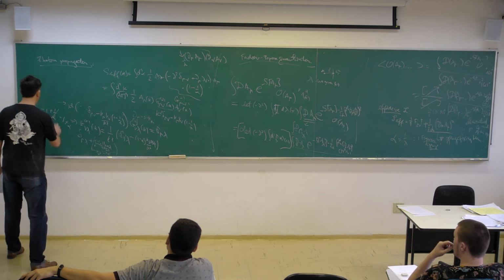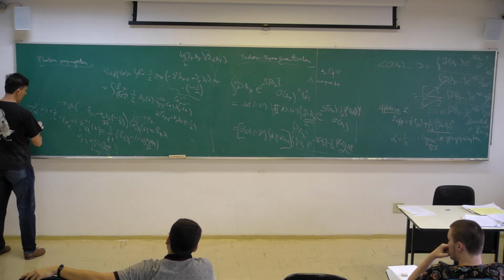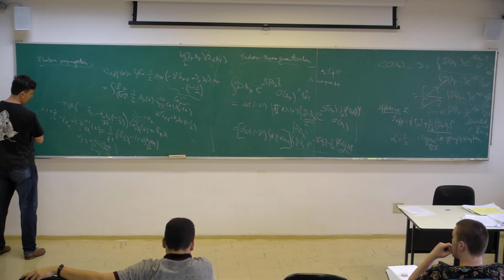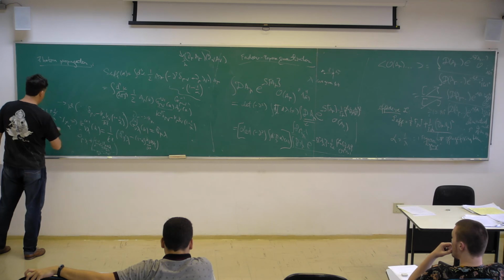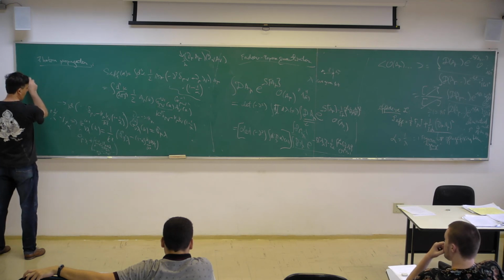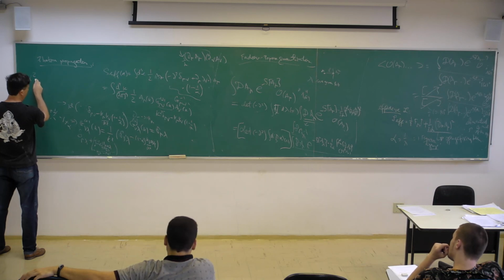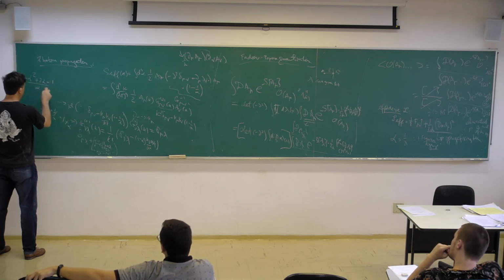Yeah. So this is what? Alpha squared, so minus alpha squared plus 2 alpha minus 1 over alpha.